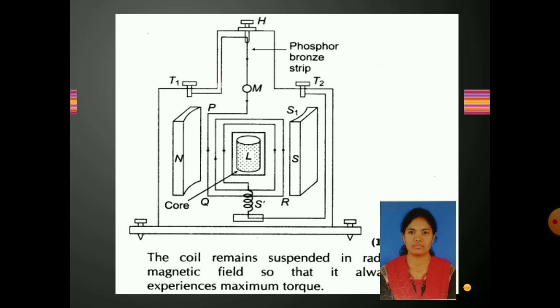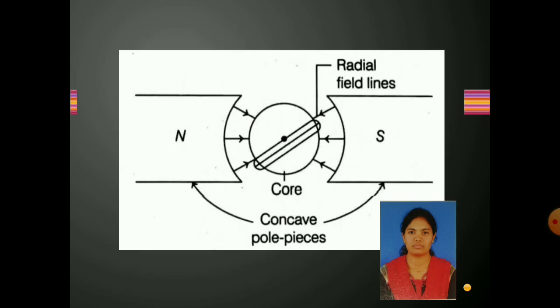Here you can see N and S, which are two poles in concave shape, and we can see a mirror M which is used to find the deflection of the coil. Here you can see how a radial magnetic field turns the rectangular coil.